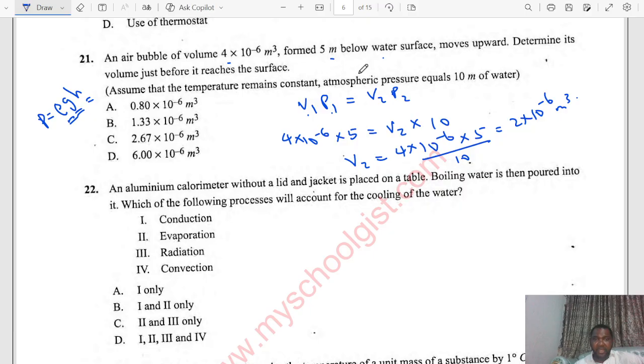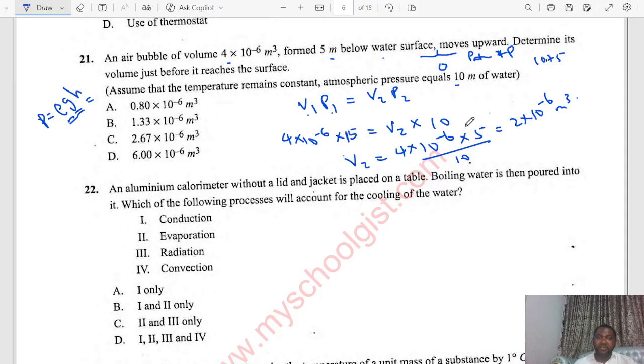Now, when it was below the surface, the pressure was 15 because of 10 plus 5. Once you see an object below, the pressure it experiences is the atmospheric pressure plus the pressure inside the water. So please note that. That is why this should be 15.